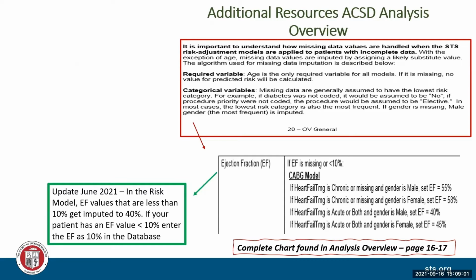So it's important to understand how missing data values are handled when the STS risk adjustment models are applied to patients with incomplete data. Age is the only required variable for all models. So if you don't have an age in your patient's database form, then you won't get a risk model calculation.